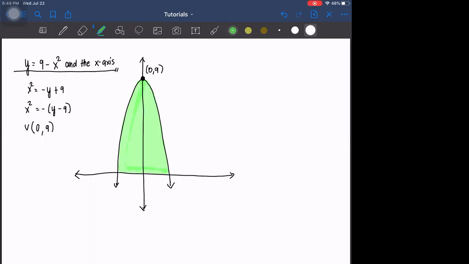Okay? But unsay forma sa rectangular strip of approximation nga atong ma-draw diri? Pwede ba horizontal or vertical ra ba? What do you think?